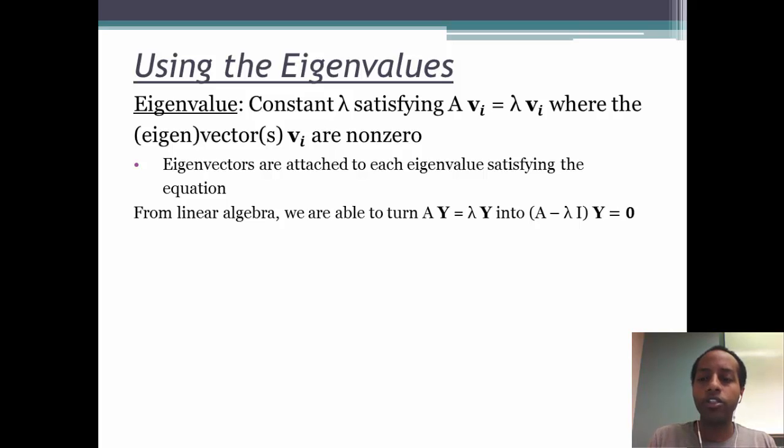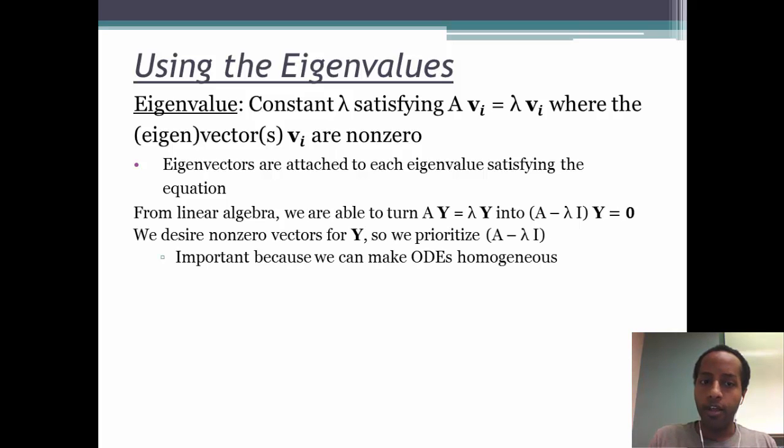So this expression we know we're able to get. And since we want non-zero vectors for y, we want to prioritize our focus on A minus lambda times the identity matrix. And this is important because we could then make the ODEs homogeneous, which we have been working with all this time.